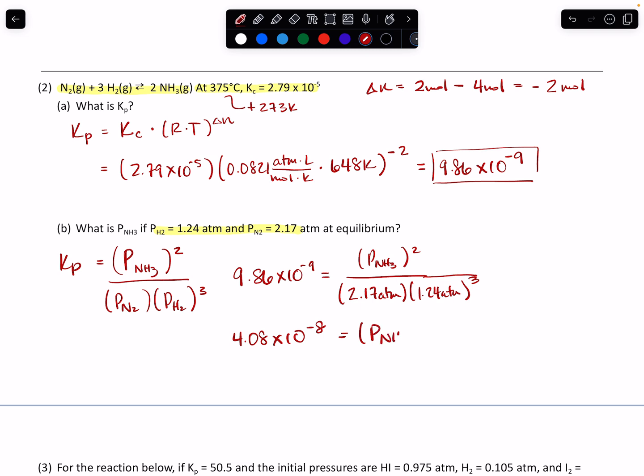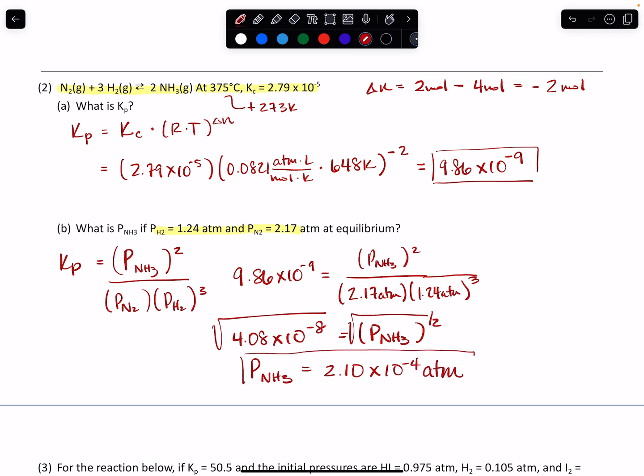That's going to be equal to the partial pressure of NH3 squared. Then I'm going to take the square root of both sides, and I'm going to find that the partial pressure of NH3 within this system is 2.10 times 10 to the negative fourth, and that's going to be units of atmospheres because of that conversion that we did up in part A.